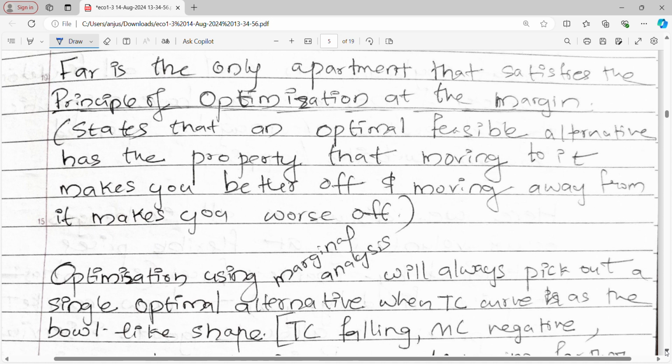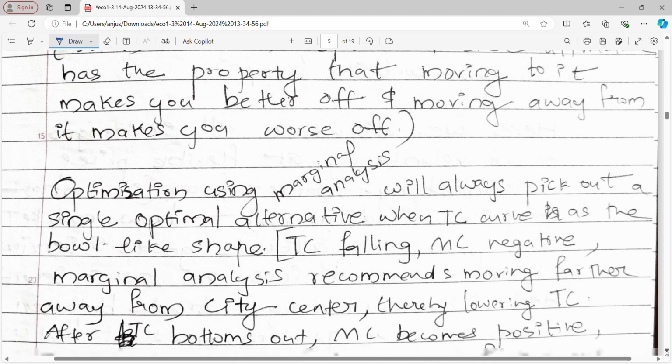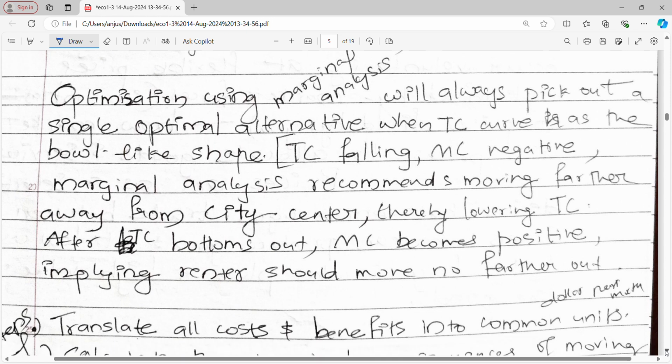This particular principle, the principle of optimization at the margin, states that an optimal feasible alternative has the property that moving to it makes you better off and moving away from it makes you worse off. So optimization using marginal analysis will always pick out a single optimal alternative when the total cost curve is like a bowl-like shape.